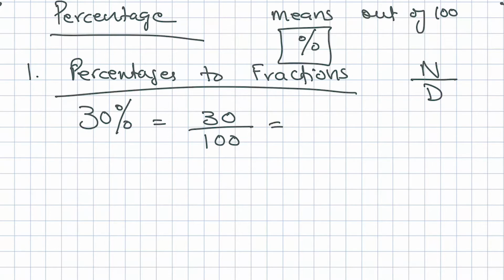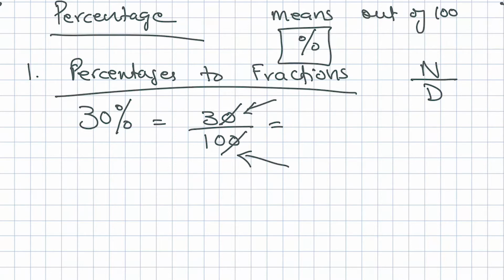Sometimes you will be asked to simplify this fraction. So simplification, what does it involve? You are supposed to divide both the numerator and the denominator by a common divisor. You can cancel out a zero in the numerator with a zero in the denominator.